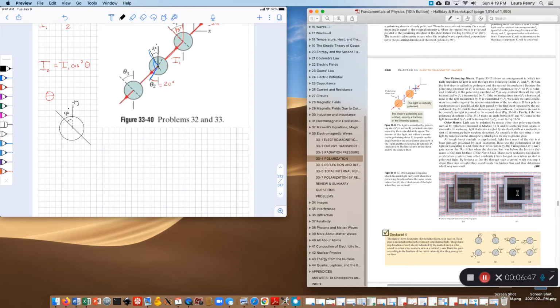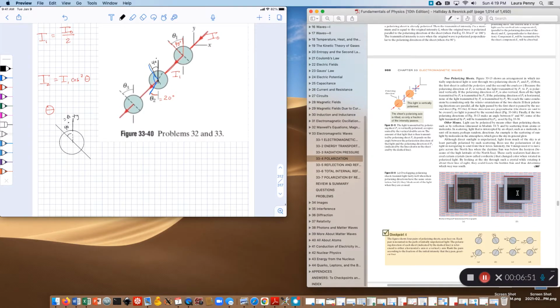That's my theta 1. My second polarizer, if we look at it from down here, this is our negative y. We have an angle of 20 degrees. So the angle I actually want is this angle.